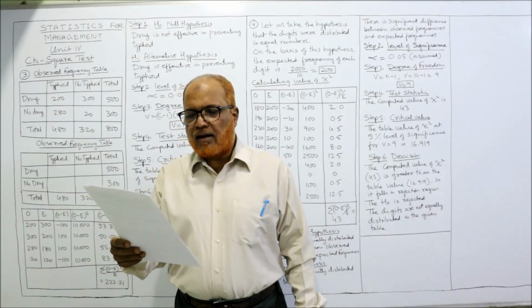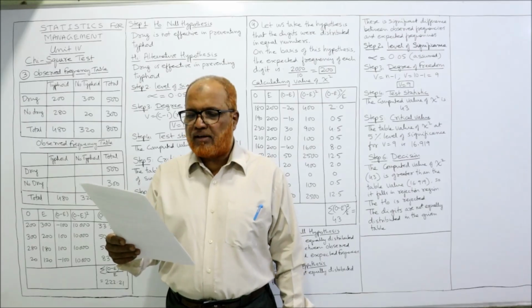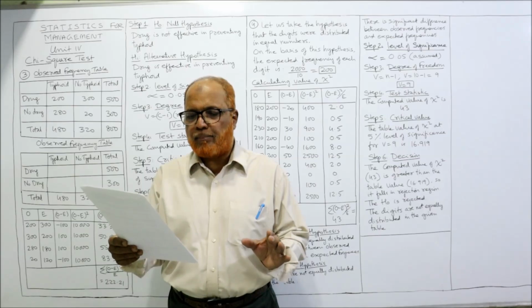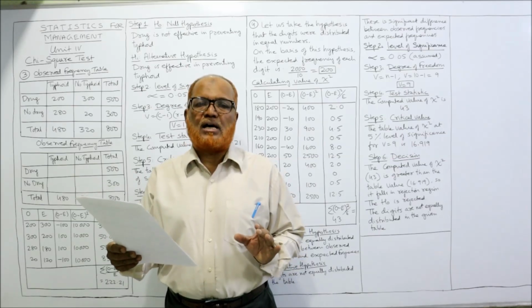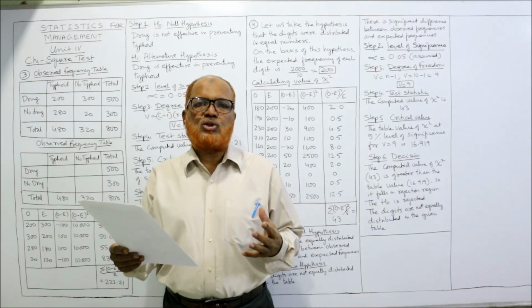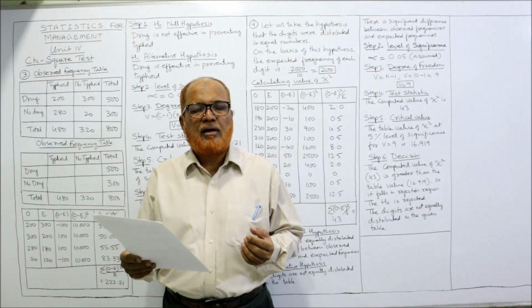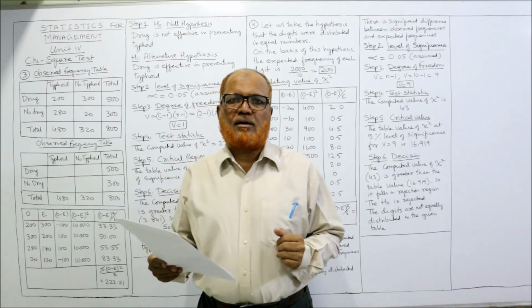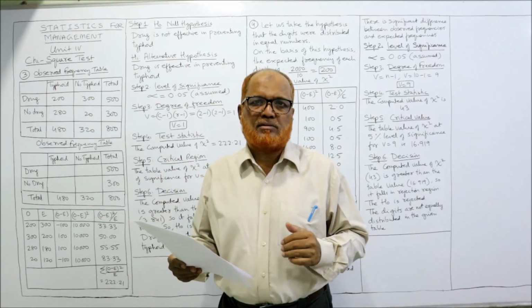A certain drug was administered to 500 people out of a total of 800 included in the sample to test its efficiency. So here the drug manufacturer has produced one drug and wants to find out its efficiency by treating patients.